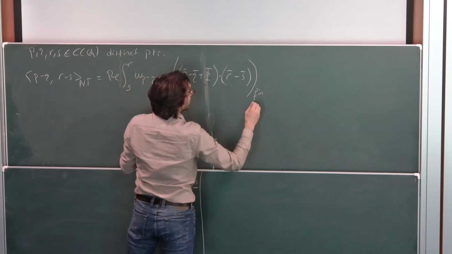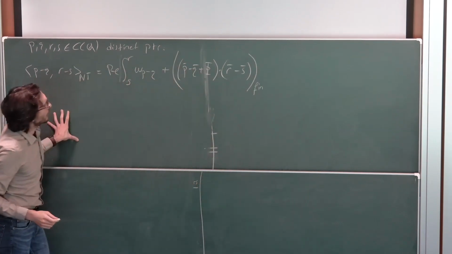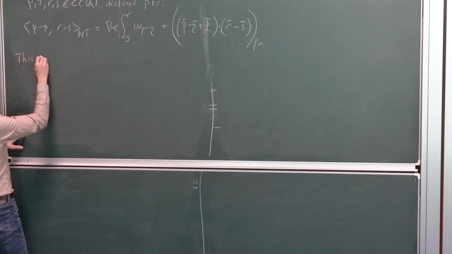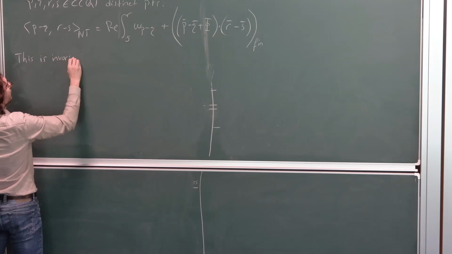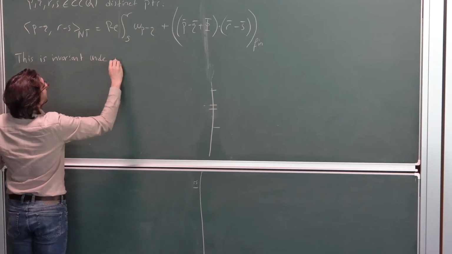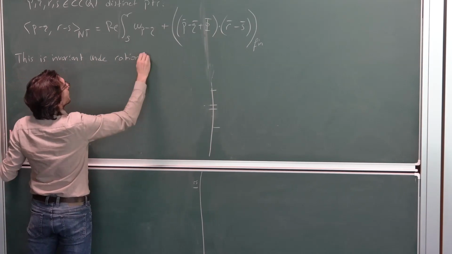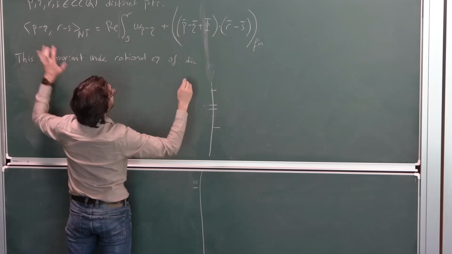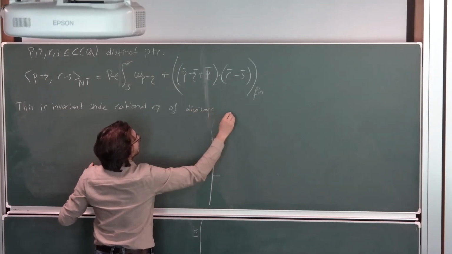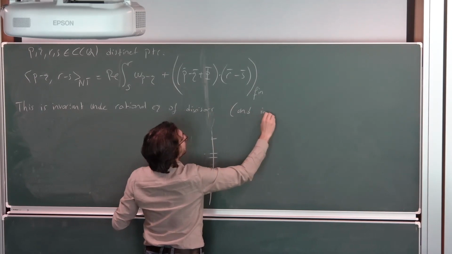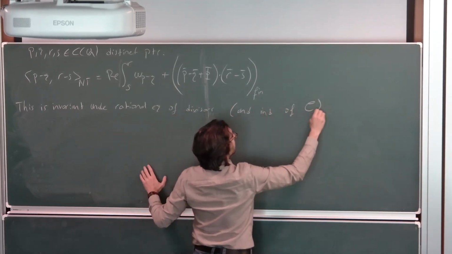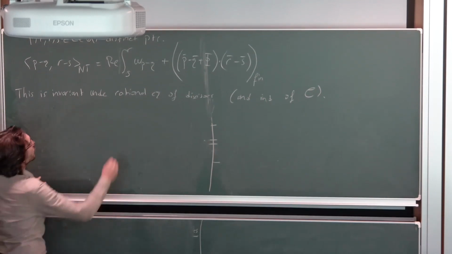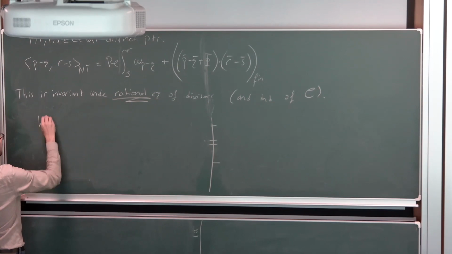And then you do the arithmetic count. It turns out that this is invariant under rational equivalence of divisors, meaning of R minus S and P minus Q. And independent of the model. Yeah. And now I'm going to use rational equivalence to tell you what it's like.